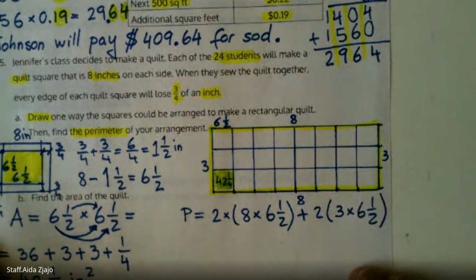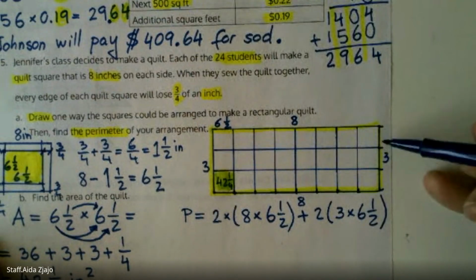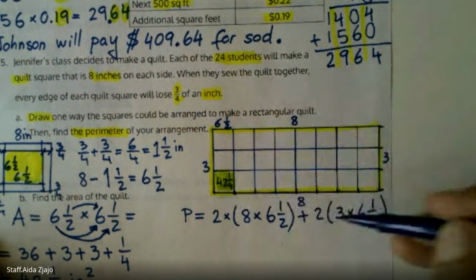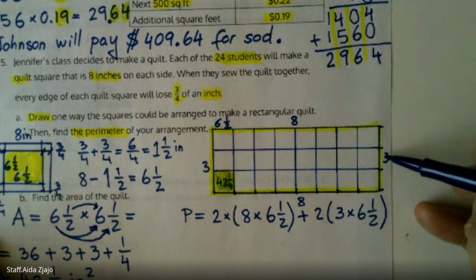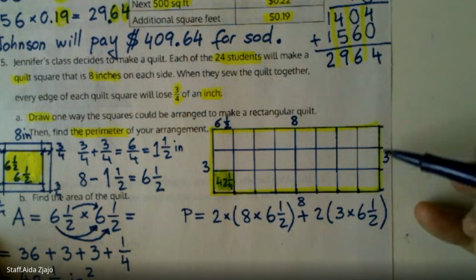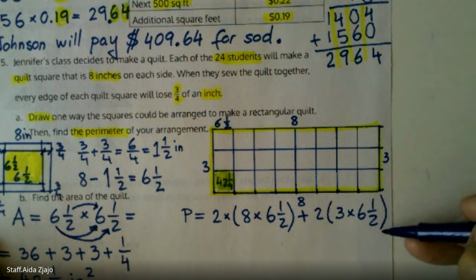I hope that makes sense. So once, twice, 3 times, 1, 2, 3, but each line is 6.5.